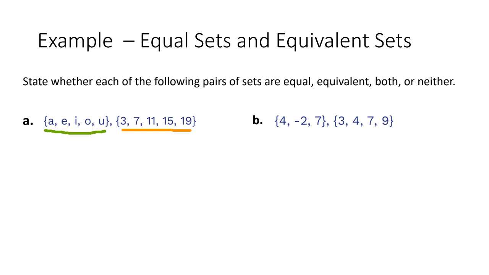Well, no, because they don't have the same elements. So they're not going to be equal. All right, so equivalent. In order to find out if they're equivalent, their cardinality has to be the same. This first set has 1, 2, 3, 4, 5, so this one has 5 elements. And this one has 5 elements.